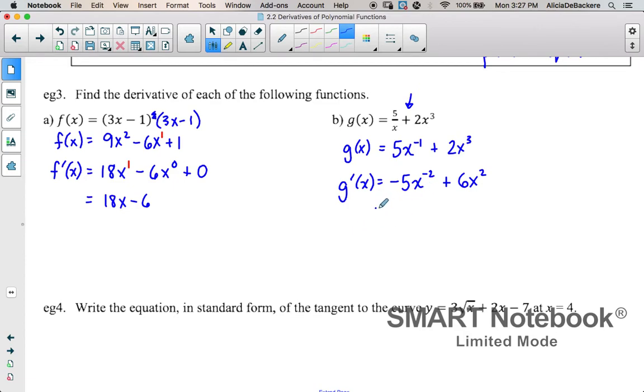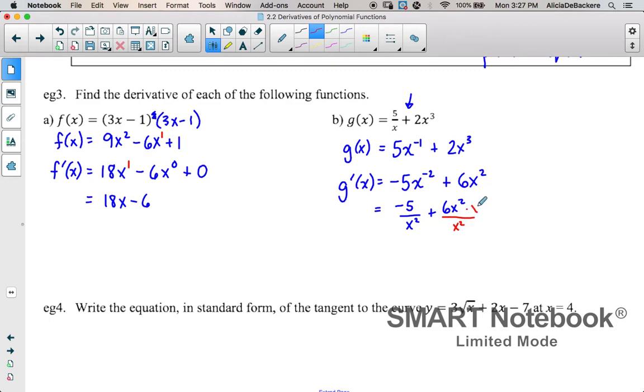And now I'll just simplify this so that I don't have the negative exponent here. It's going to be negative 5 over x squared plus 6x squared. Now to simplify this, I can't have the fraction off to the side. So what I'm going to do is actually collect this into one fraction. I'm going to create a common denominator. So I want an x squared in the denominator.